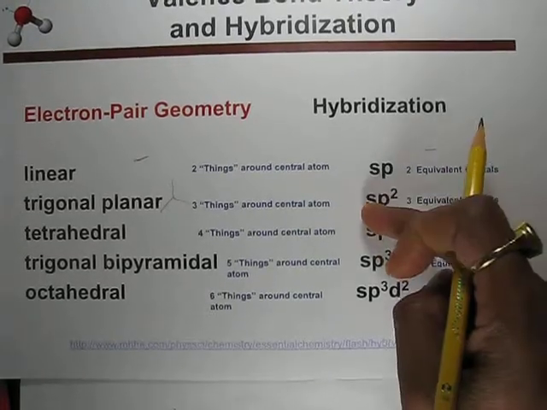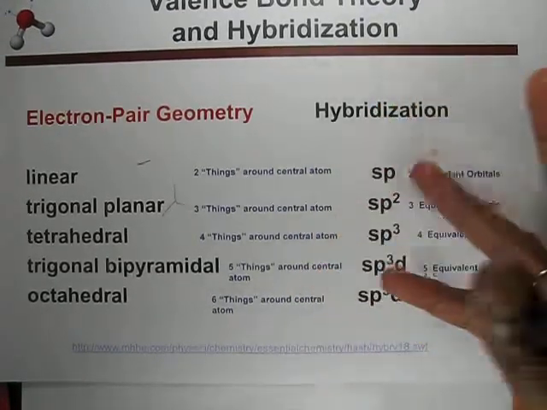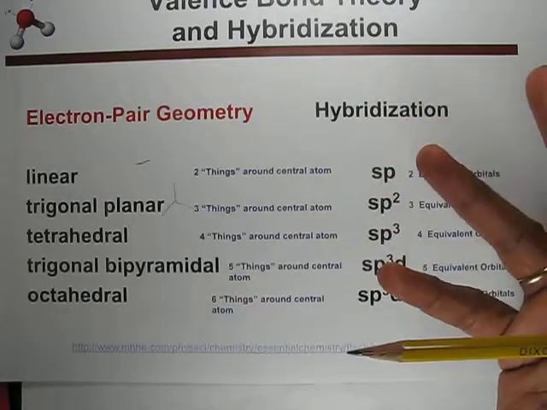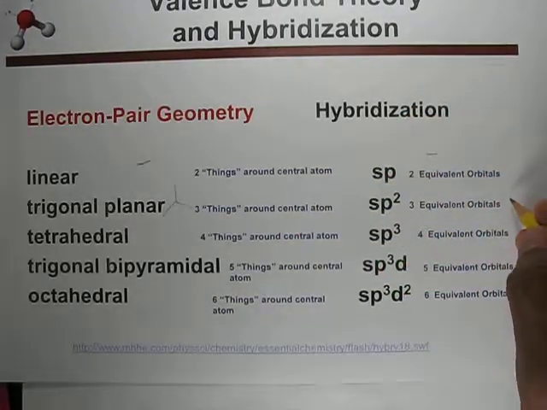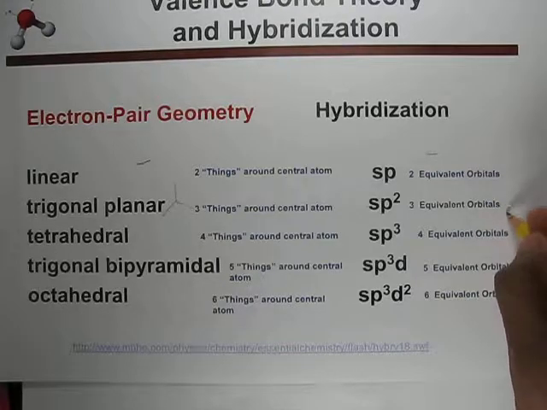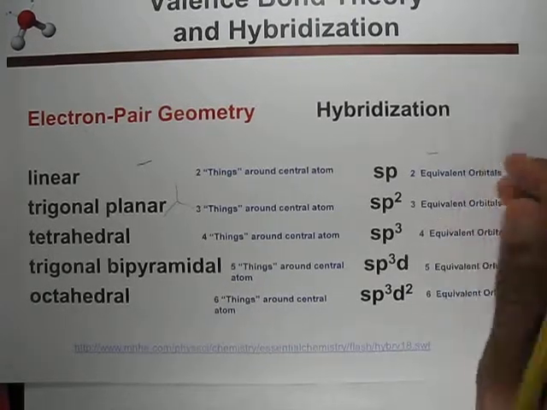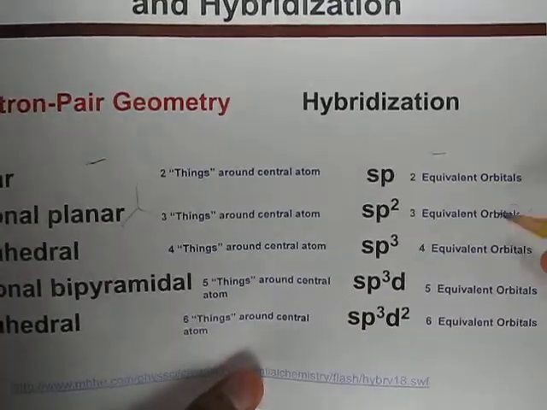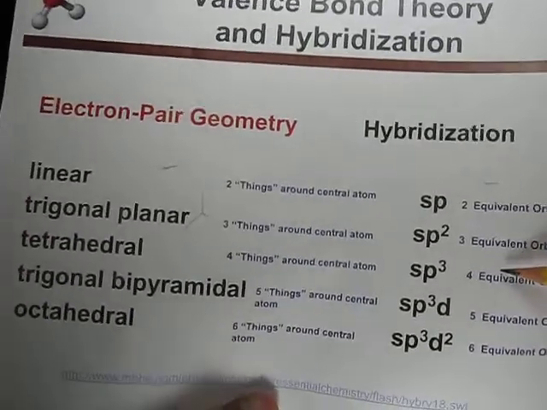When one s and two p orbitals overlap, they mix together and redistribute energy so that they form three orbitals of the same energy. That is why they are called three equivalent orbitals. Equivalent means their energy will remain the same.